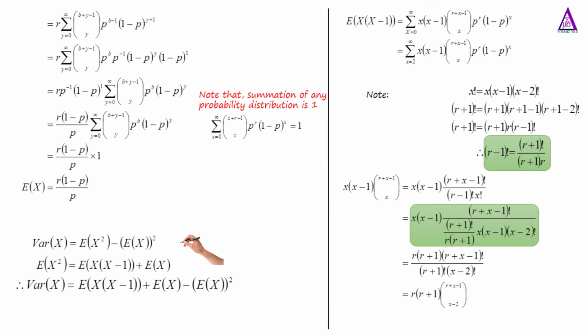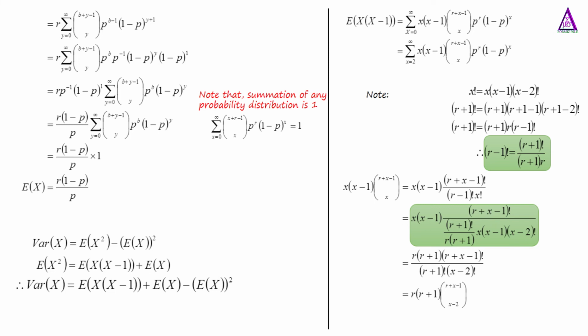So therefore our variance now equals the expected value of x into bracket x minus 1 plus the expected value of x minus the bracket of the expected value of x, everything squared, by considering the expected value of x into bracket x minus 1, which will be this equation.